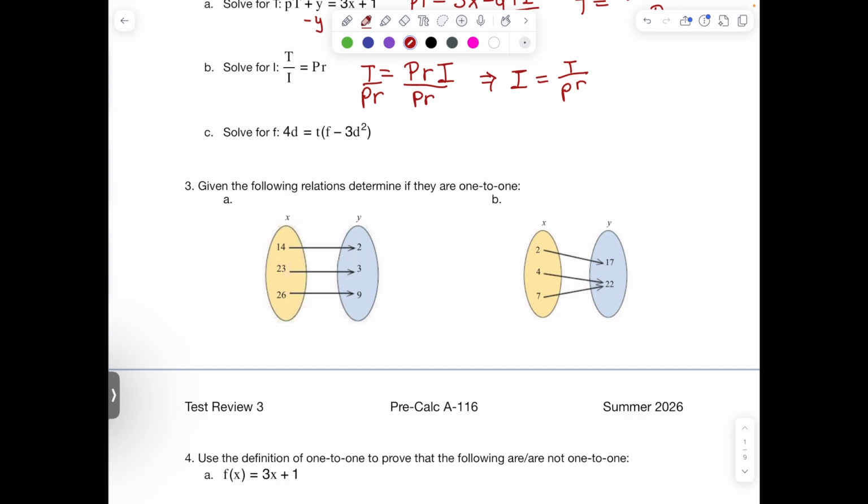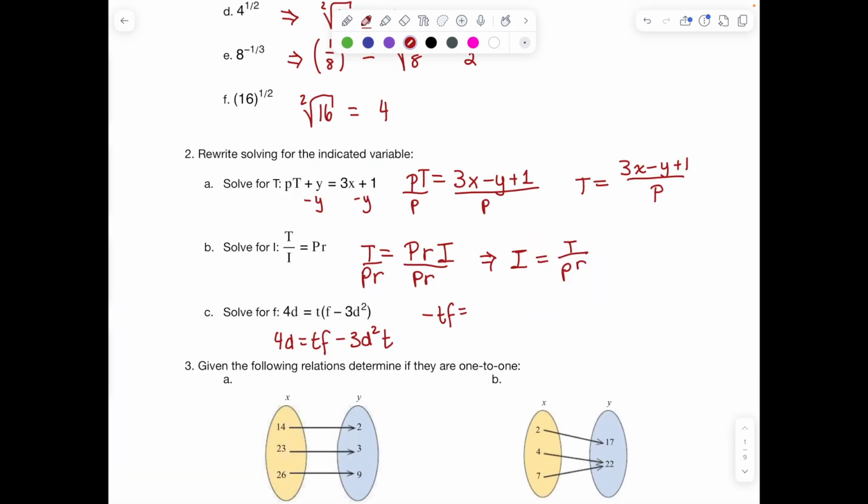Now we're asked to solve for f, where we have 4d equals t times f minus 3d squared. So let's solve for f. So first thing we're going to want to do is FOIL out this t here. So we get ft, tf minus 3d squared t equals negative 4d minus 3d squared t.